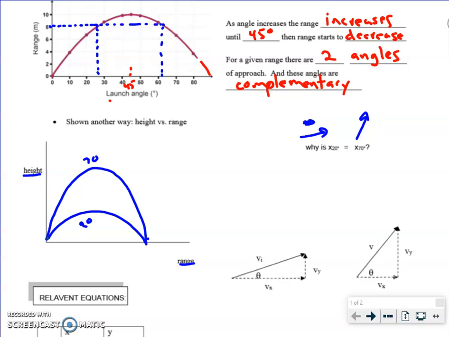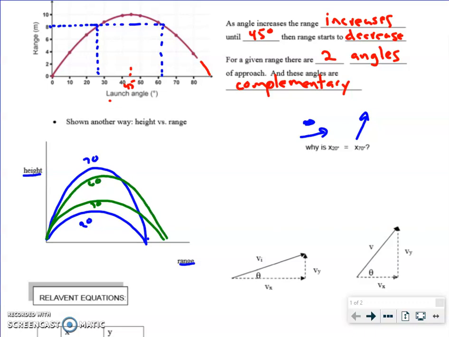So since 30 is closer to 45 than 20 is, it's going to go higher and further. So that's 30. And 60 degrees is more vertical than 30 degrees, so it's going to go higher yet, but since 60 is a complement of 30, it's going to go the same range. So there is 60 and 30.